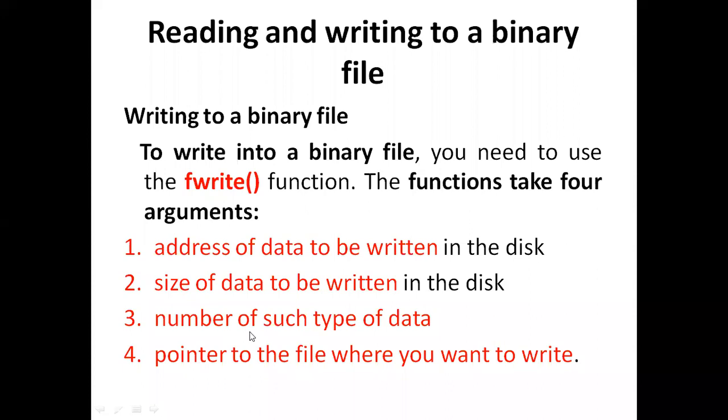If you want to pass two names, three names, four names, we indicate how many, for four names we indicate four. The third parameter is the number of such data items.